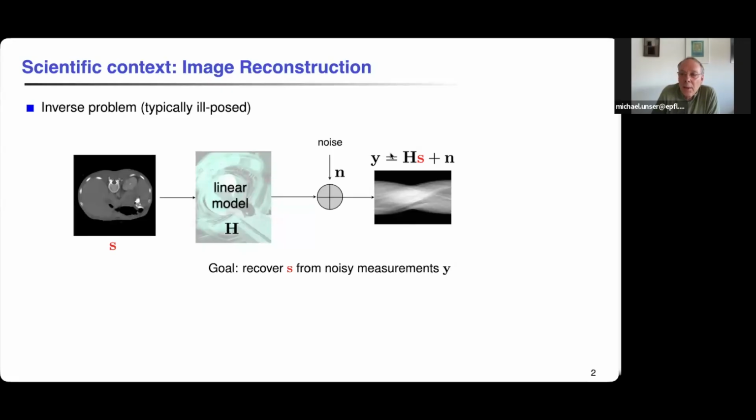This measurement process is modeled here by this matrix H, because this is a linear measurement process, and unfortunately we also have measurement noise. So the problem really is to reconstruct s, our unknown signal, from the noisy measurement y, knowing the physics, which is modeled by this H.